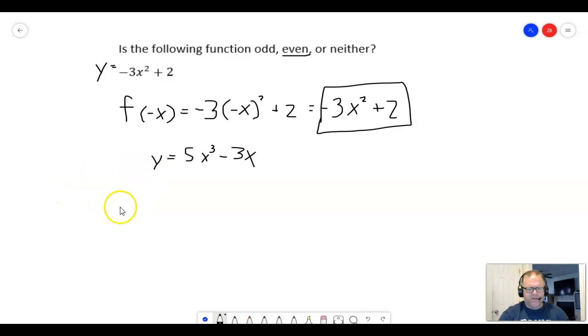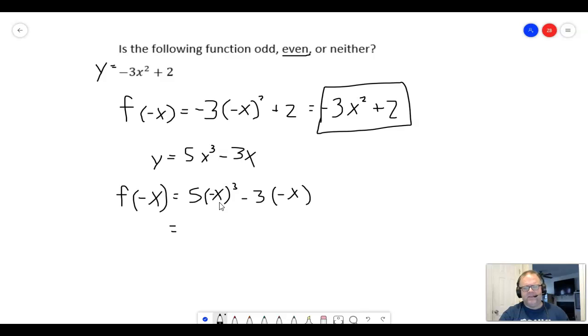But remember, we always start by checking to see if it's even. So what I'm going to do here is replace my x with a negative x, just like I did before. Wherever there's an x, I'm going to put a negative x cubed minus 3 times negative x. All right, so let's see what this one is. Negative x times negative x times negative x. Well, a negative times a negative times a negative is a negative, right?